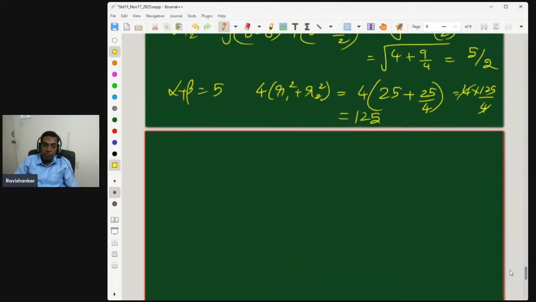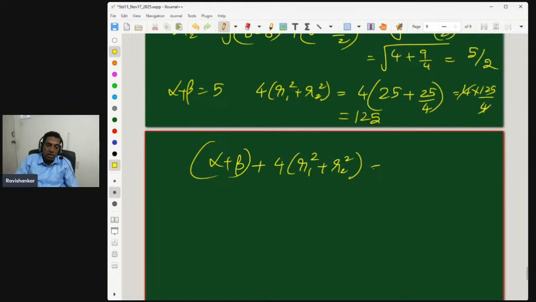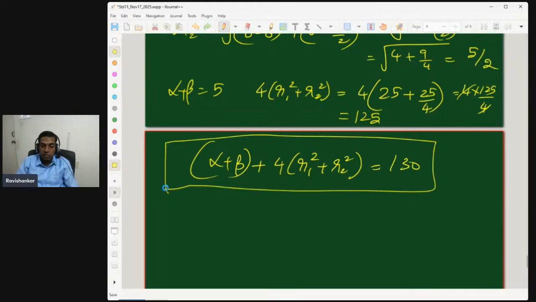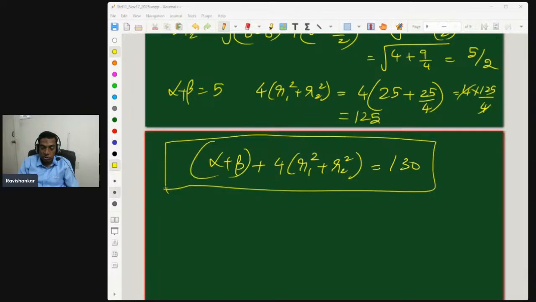So alpha plus beta plus 4 into (R1 squared plus R2 squared) is 130. This is an integer. Oh no, not an integer, it's a multiple choice question.